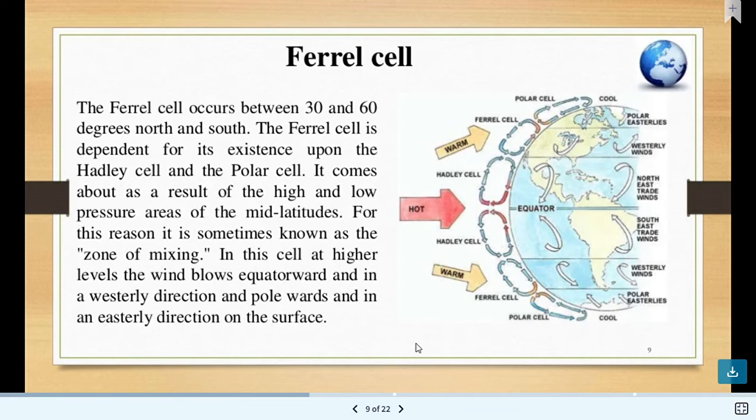For this reason it is sometimes known as the zone of mixing. In this cell, at higher levels the winds blow equatorwards and in a westerly direction, and polewards and in an easterly direction at the surface. This is the example of the Ferrel cell.